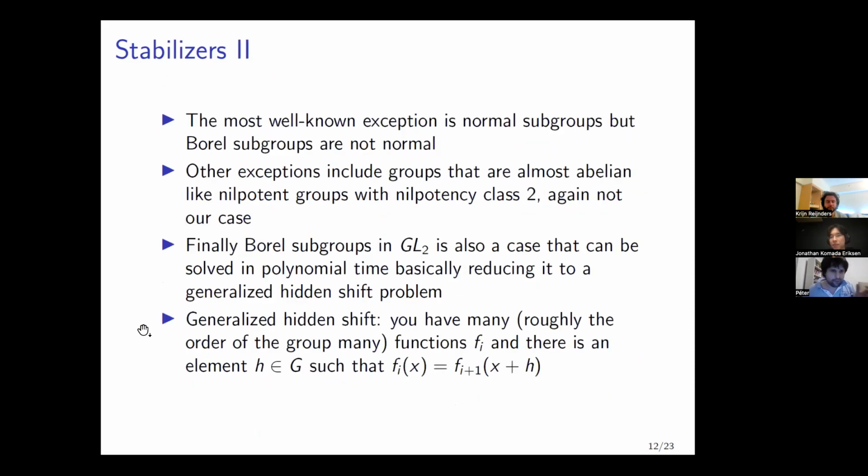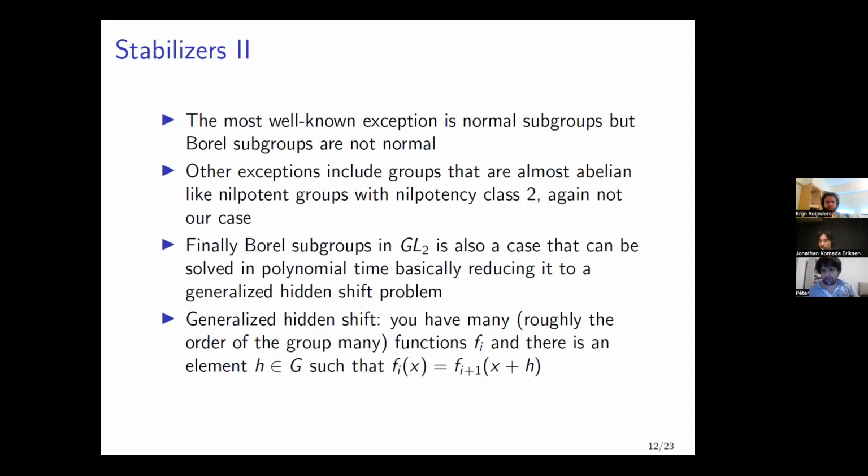And I'm not going to survey all the results, but some of the results I want to showcase that it's not quite true. So one thing that I think is probably the most useful in general is that even if the big group is non-abelian, if the hidden subgroup is a normal subgroup, then there is a polynomial time algorithm to find it.